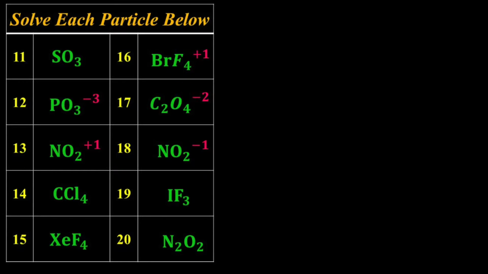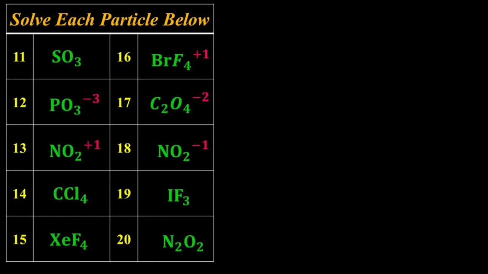We have bromine tetrafluoride, and that's a +1 charge. That's a polyatomic ion. We have C2O4, and that is a -2 charge. We have nitrite, as we know, -1 charge. We have IF3 as a particle, neutral. We have N2O2 as another neutral particle.